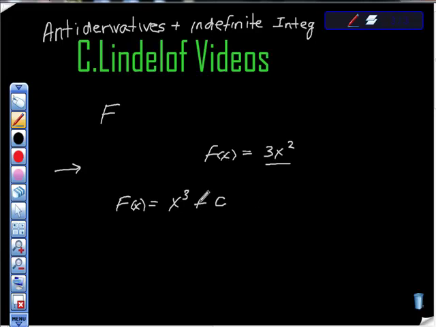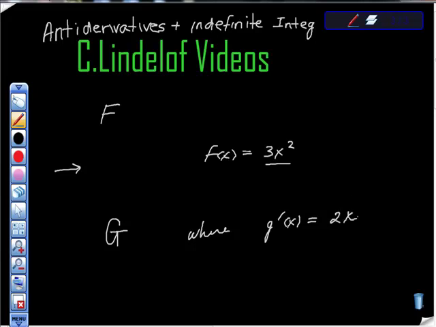So let's try another question. Let's try this one really quick. So we say, find G where G prime at x is equal to 2x. So hopefully you see this and you're like, okay, I can see what happened here, right? This is the derivative, so I'm going to work my way backwards.